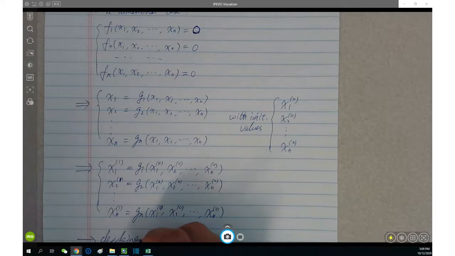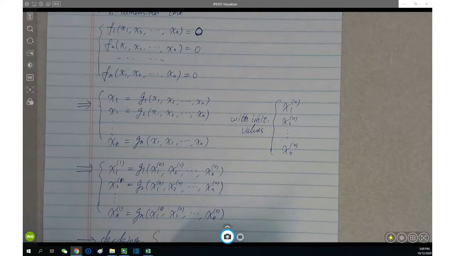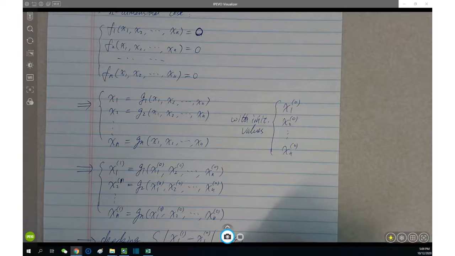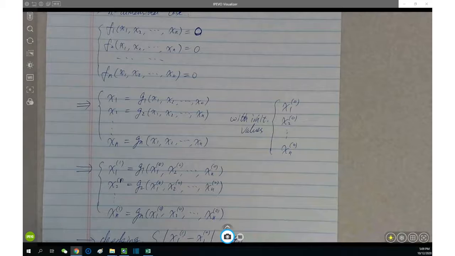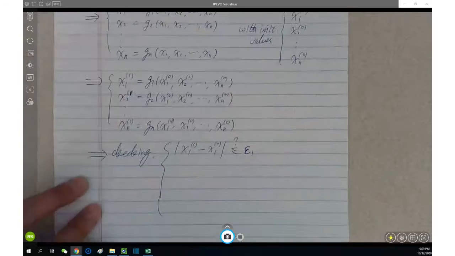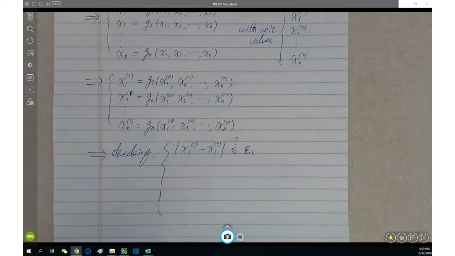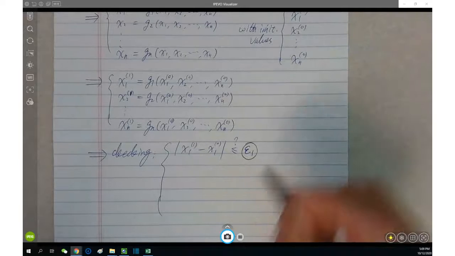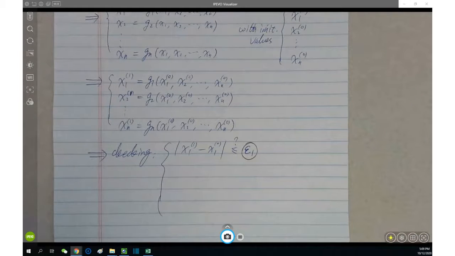I'm checking specifically, where are we checking? x1 of 1 against x1 of 0. N-dimensional, it's not surprising that we need n epsilon accuracies.